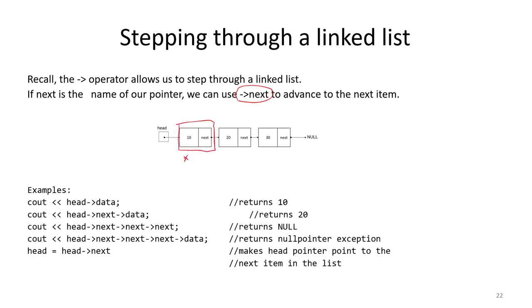For example, this node is accessed by using asterisk head, or just using head arrow data, or head arrow next.